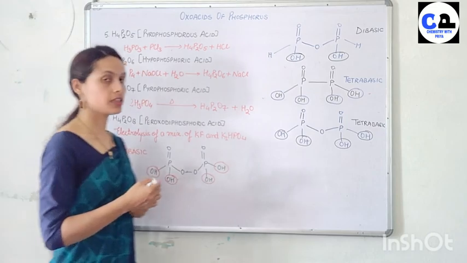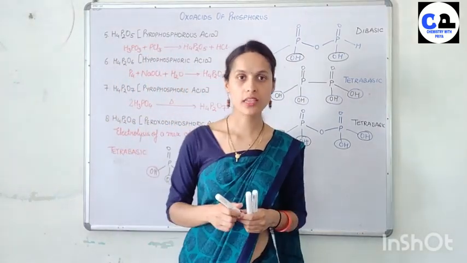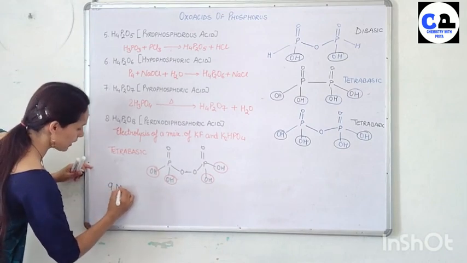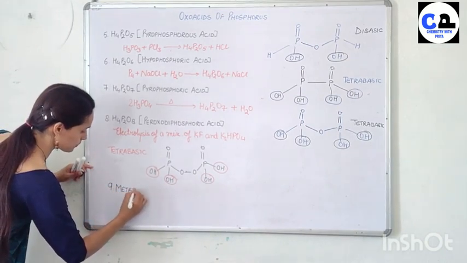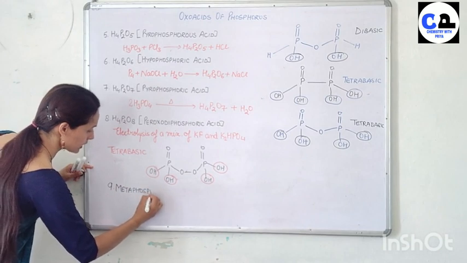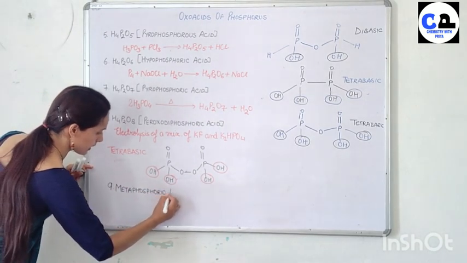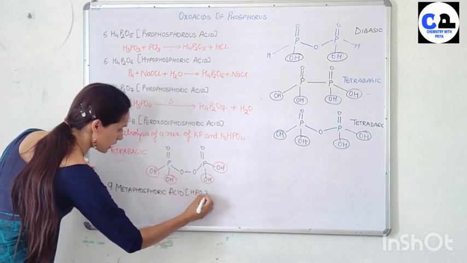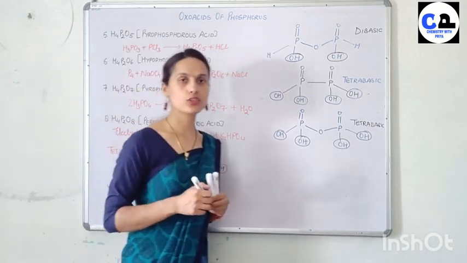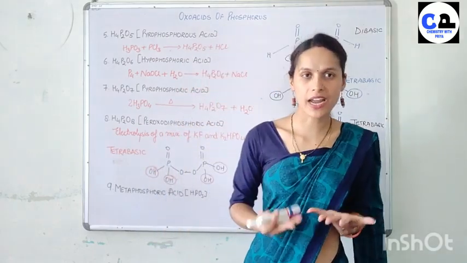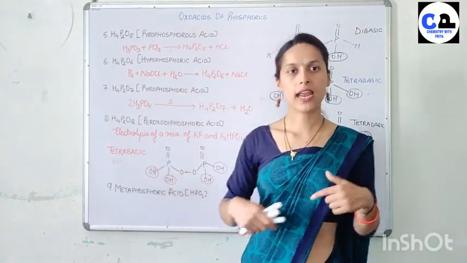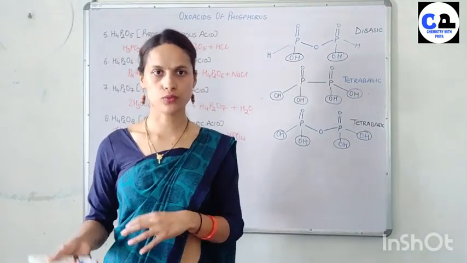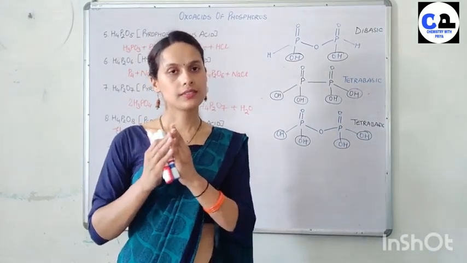Now next, the ninth one is known as metaphosphoric acid, that is HPO3. Now this exists in two forms. One is cyclotrimetaphosphoric acid, and the second one is linear polymetaphosphoric acid.